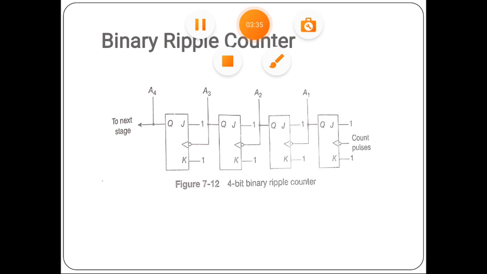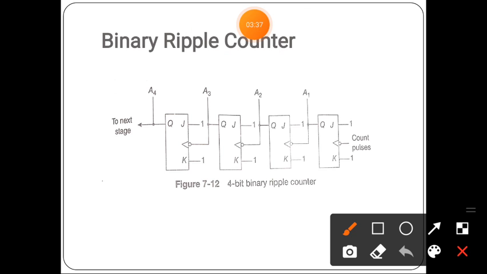For example, there are 4 flip-flops: 1, 2, 3 and 4. The first flip-flop's clock pulse comes from an external source, so it is the count pulses. The remaining flip-flops' clock pulses are connected to the output of the previous flip-flop, forming a series connection.